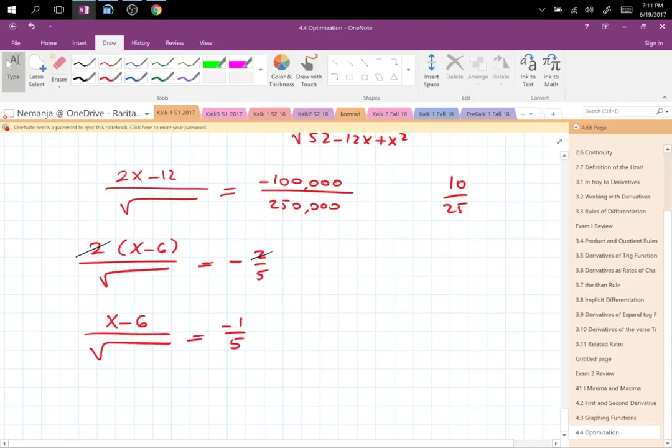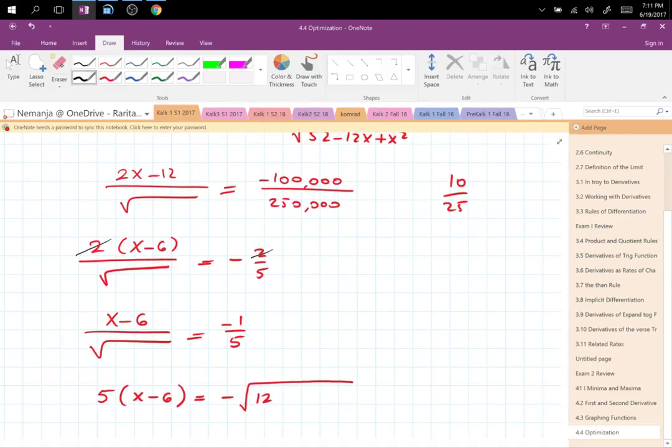And now we cross multiply. So I have 5 times x minus 6 is equal to the negative square root of whatever we had, 52 minus 12x plus x squared.